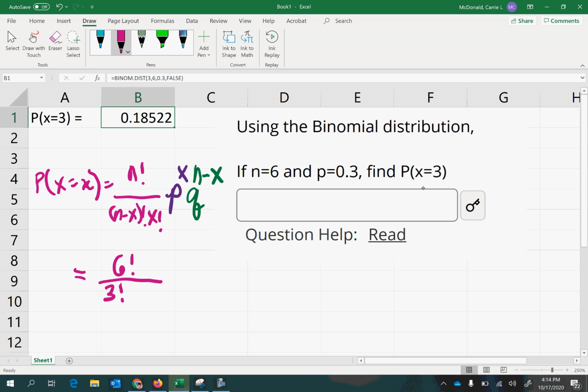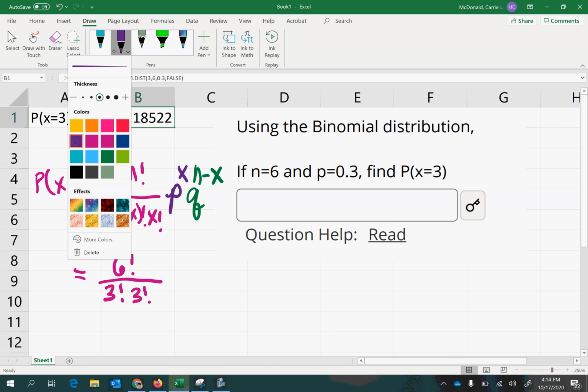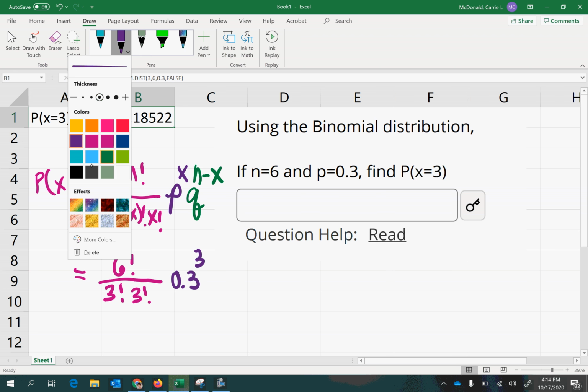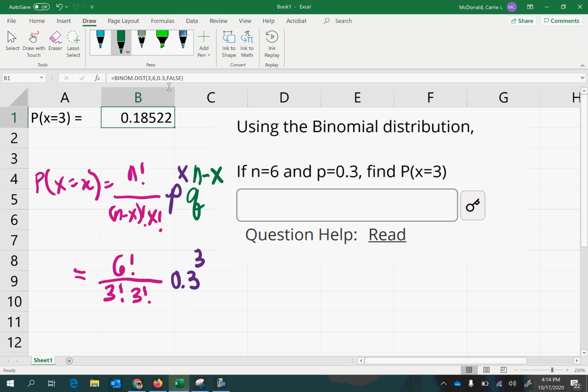Then x factorial, so again 3 factorial here. Then we will plug in the probability of success, which is 0.3 to the power of 3 successes. Then the probability of failure, which is 1 minus p, is 0.7, and there would be 3 trials out of the 6. If 3 trials were successes, then the other 3 would be failures.